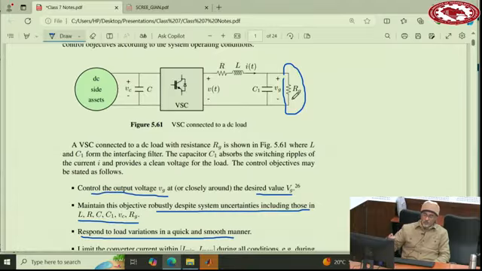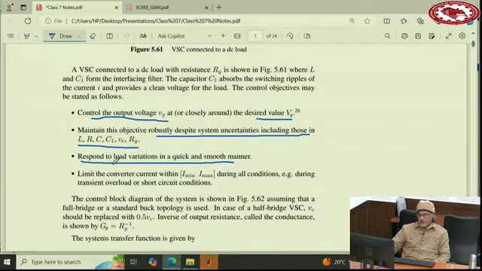So another load switches in or switches off. So that's variation of this load here. We want to have a response which is quick and smooth. And obviously this is a condition that we always need to satisfy because we are working with power electronics, so we need to limit the current.